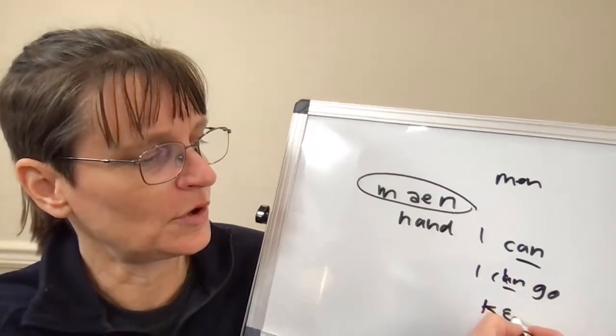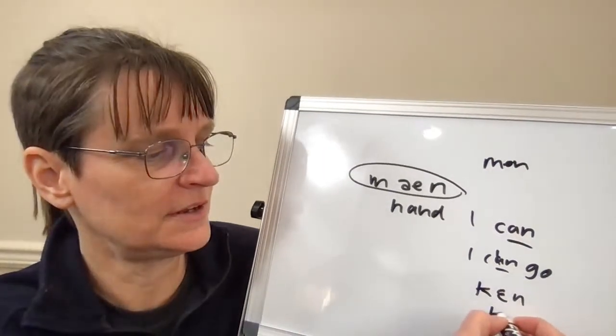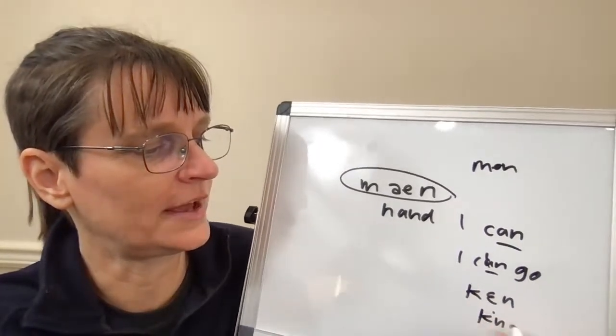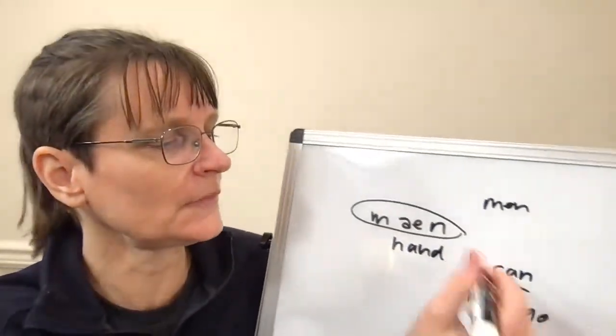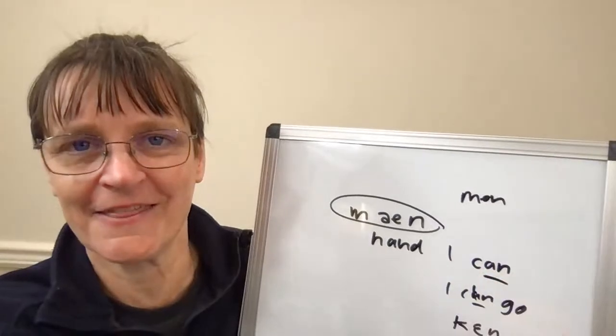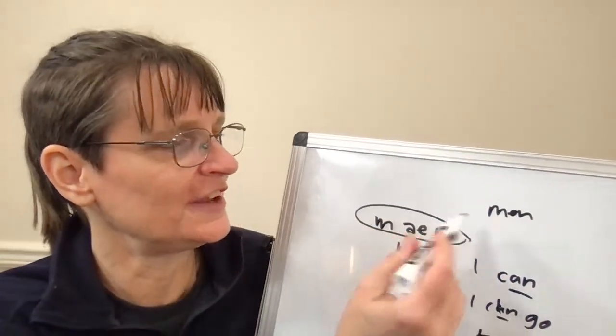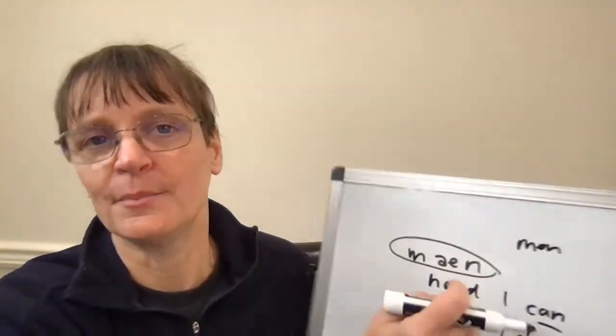So it ends up sounding more like the eh of n, or even almost no vowel there at all. I can go. I can talk to you. I can do it. I do have a video about can and can't that can help you with that. Also a video about men and man. But you're right, that's a very good point that when the ah has some nasals, we do some little changes there in order to be able to co-articulate those sounds.